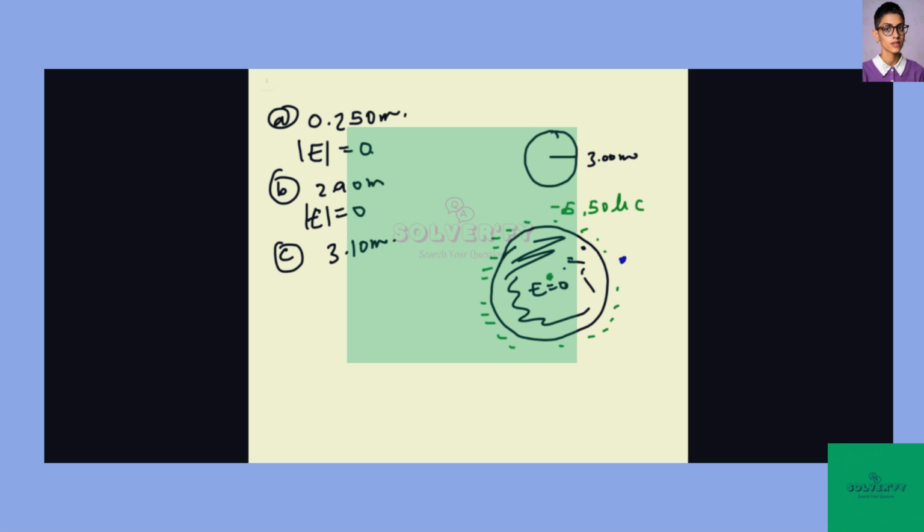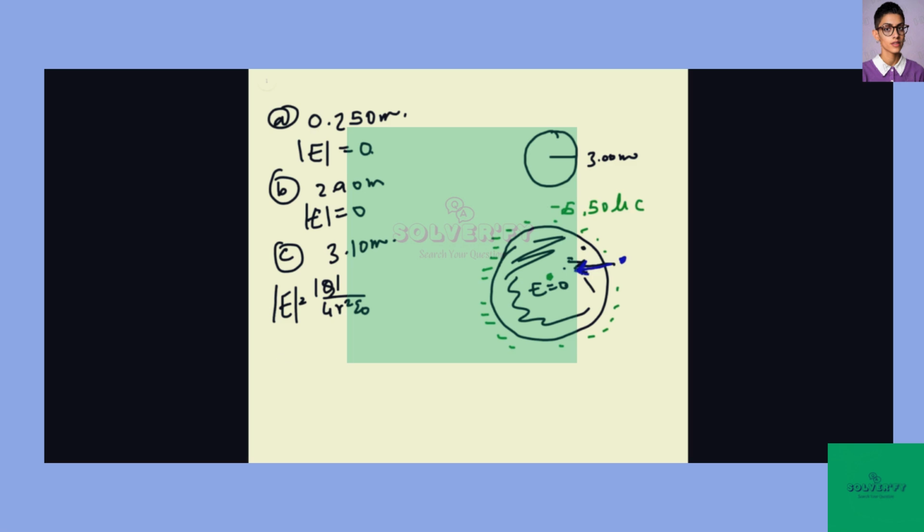Hence, the electric field would be simply Q by 4 pi r square epsilon naught, just like a point charge. But notice that we are simply finding the magnitude of charge. The direction will simply be radial, that is, in this direction, towards the center of the sphere.